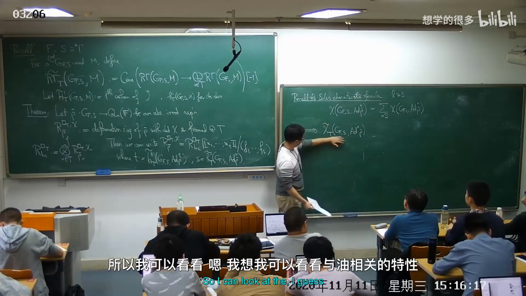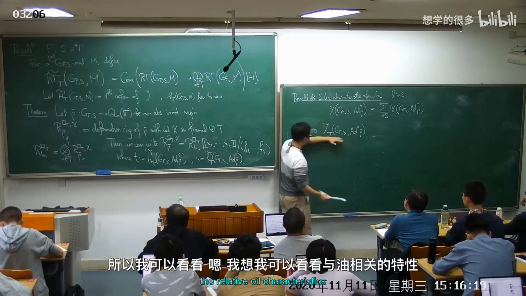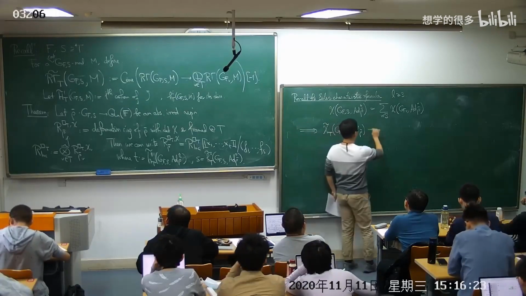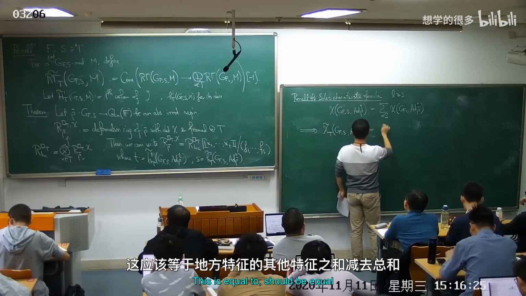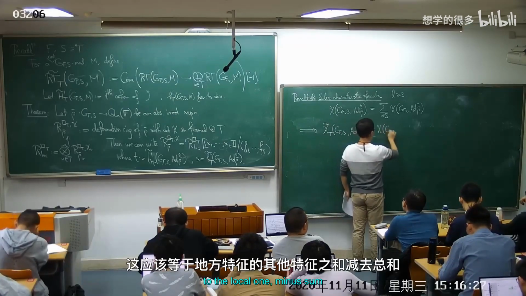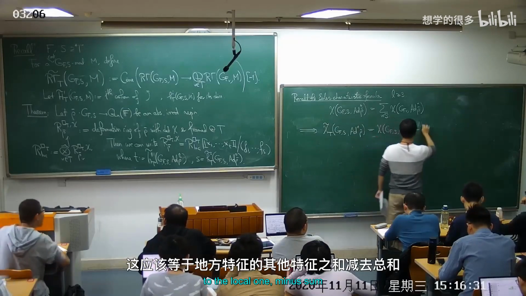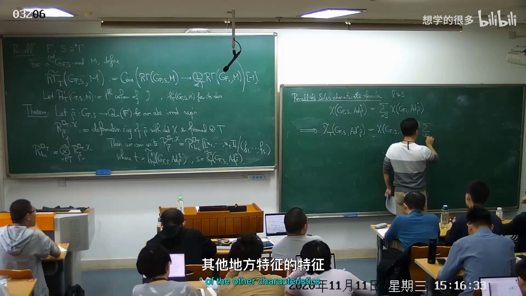Because of how I define this cohomology, this implies that I can look at the relative Euler characteristic, for the global one relative to the local one for v in T. This is equal to the Euler characteristic of the global one minus the sum of the Euler characteristics of the local ones.